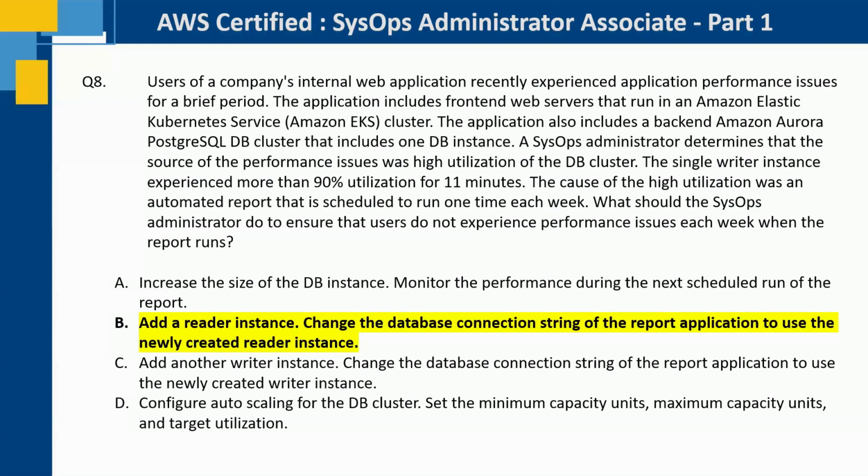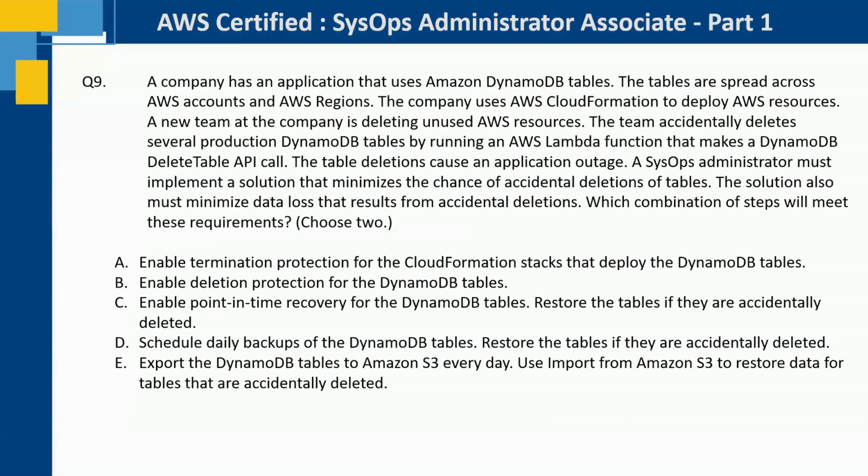Let's look at question number 9 of the series. A company has an application that uses Amazon DynamoDB tables. The tables are spread across AWS accounts and AWS regions. The company uses AWS CloudFormation to deploy AWS resources. A new team at the company is deleting unused AWS resources.